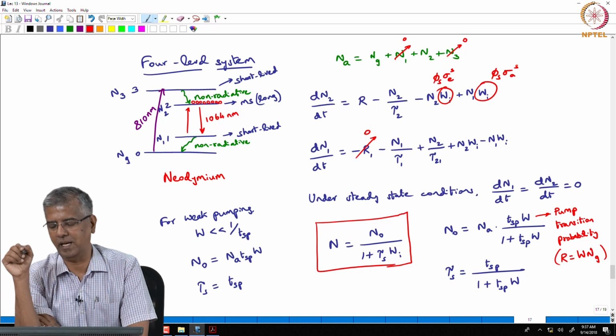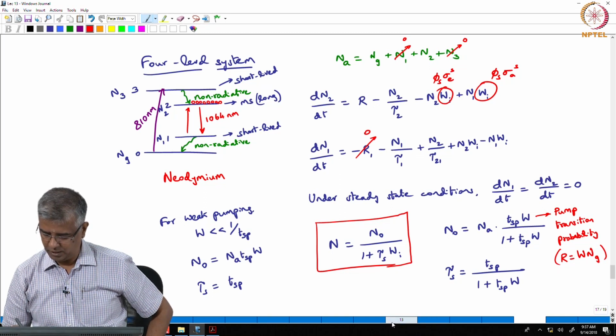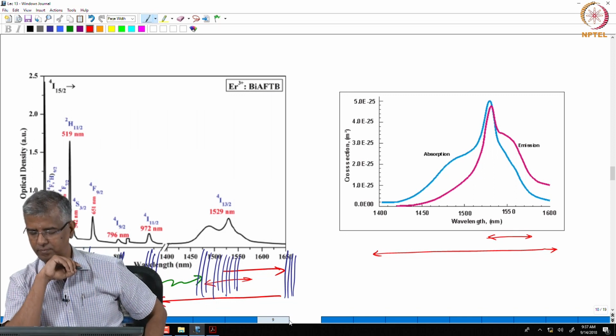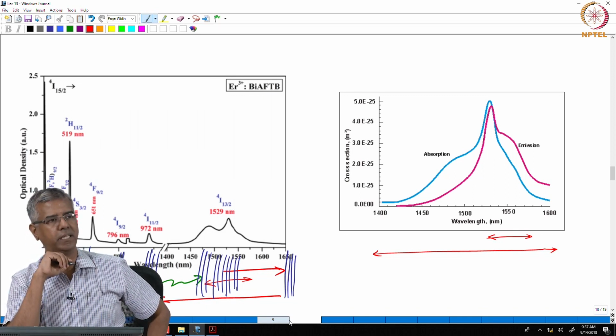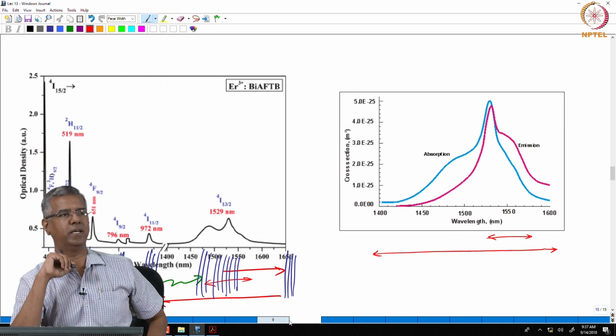Let's actually look at how sigma E and sigma A would be, and for that we have previously considered these erbium absorption and emission cross sections. What do you see here? What can you say about sigma E and sigma A?